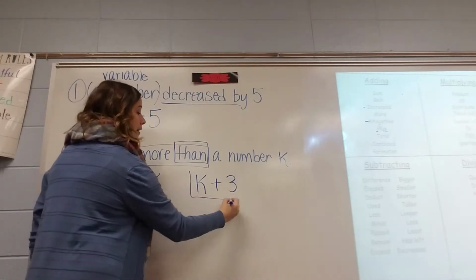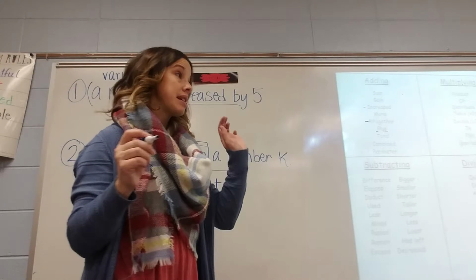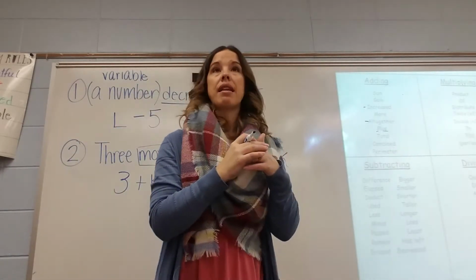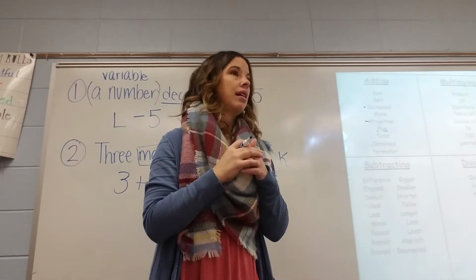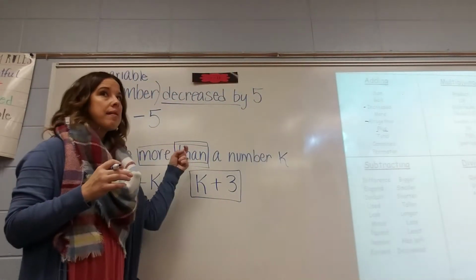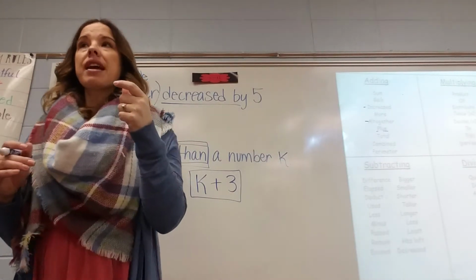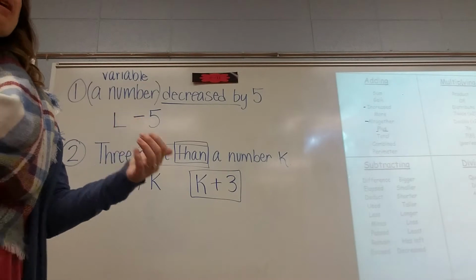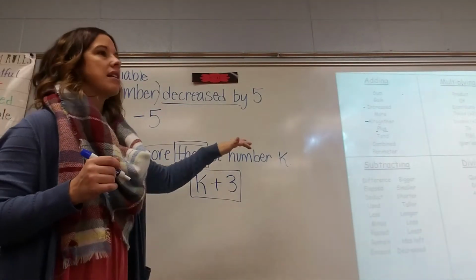Now, with addition, it's not that important because what property tells us we can flip-flop our numbers when we add and we're still going to get the same answer? What property is that? Commutative, good. It really matters with subtraction. But when you're given a phrase, it's really important to think about what it's saying. 3 more than a number.